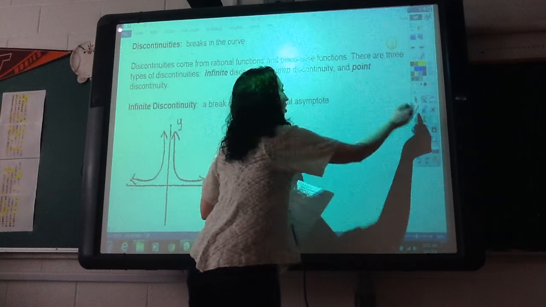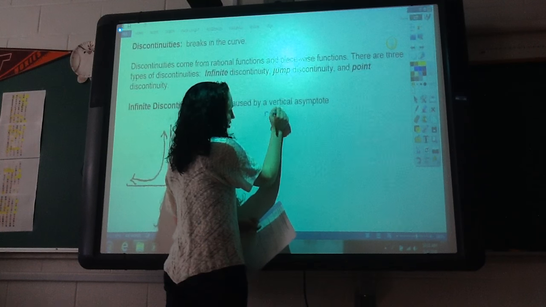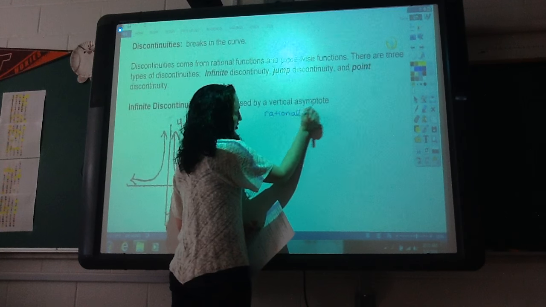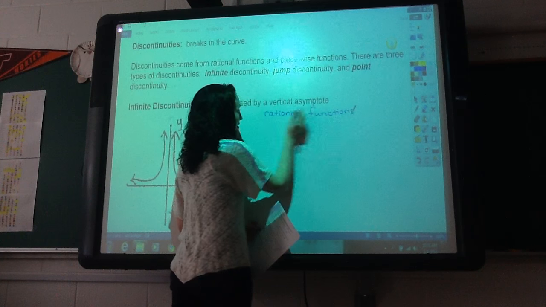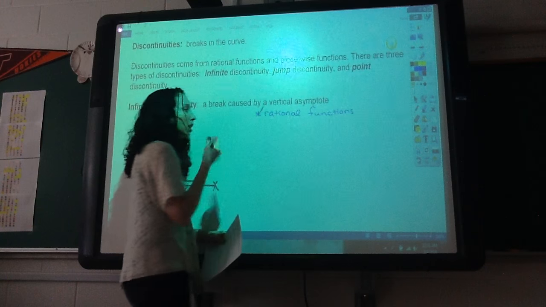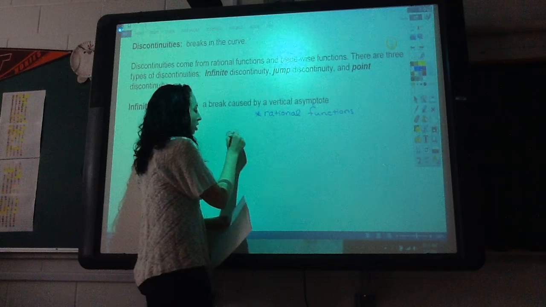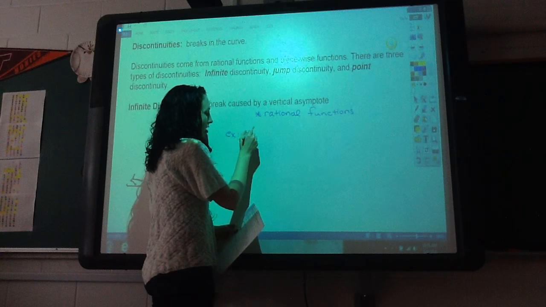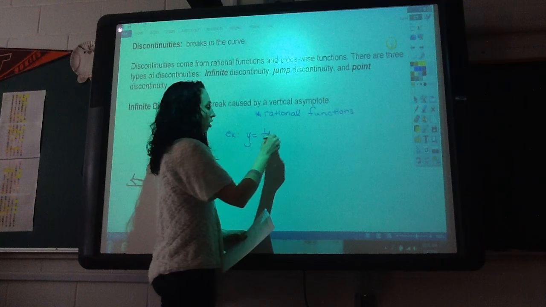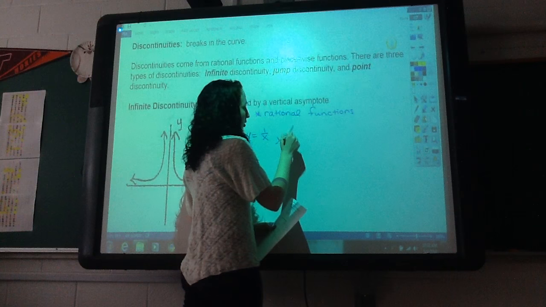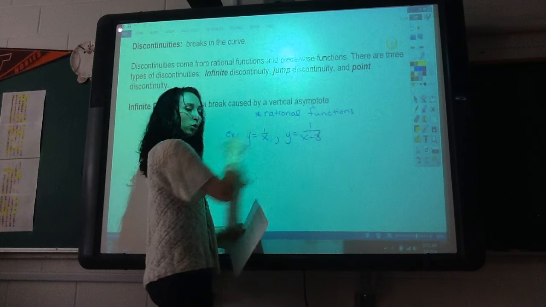So, examples where you might see them: rational functions. These happen anytime you're going to end up with that x value being on the bottom of a fraction. For example, y equals 1 over x, asymptote at 0. y equals 1 over x minus 3, asymptote at 3.